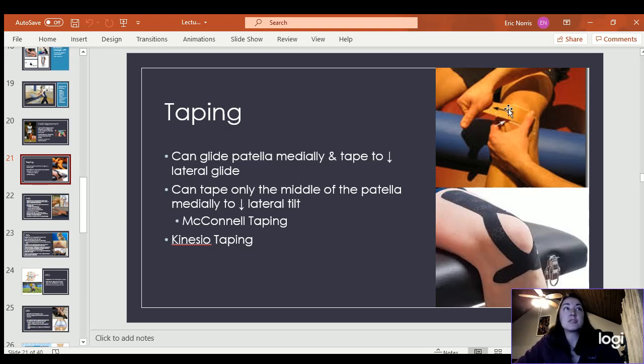McConnell taping they often do to correct the lateral glide of the patella, so they'll tape the patella more medially so that it maintains good alignment and is not allowed to do that lateral tracking. So you'll add a little bit of medial pressure in order to block that lateral movement of the patella.